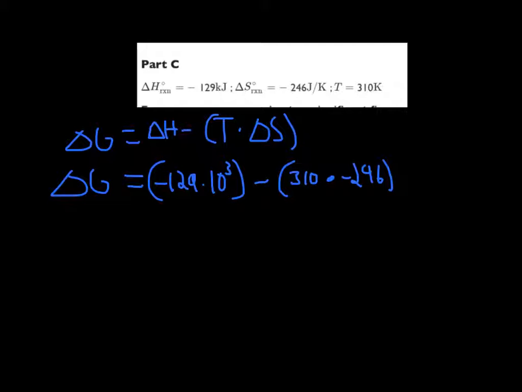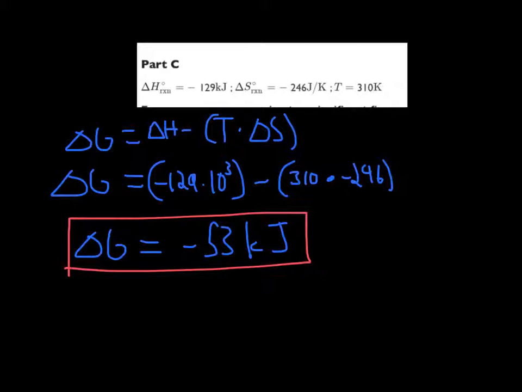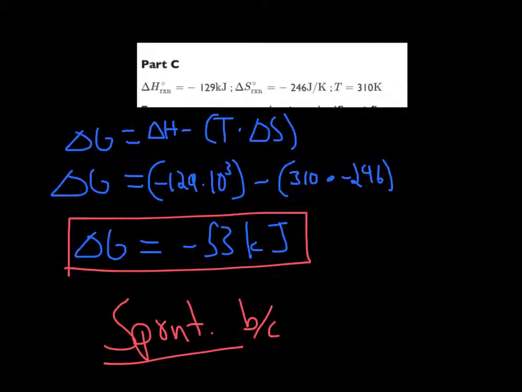Alright, enough of me. When I calculated this out, I got a value of minus 53 kilojoules. That is correct. Now, what does that mean? That means it was spontaneous, because delta G is negative.